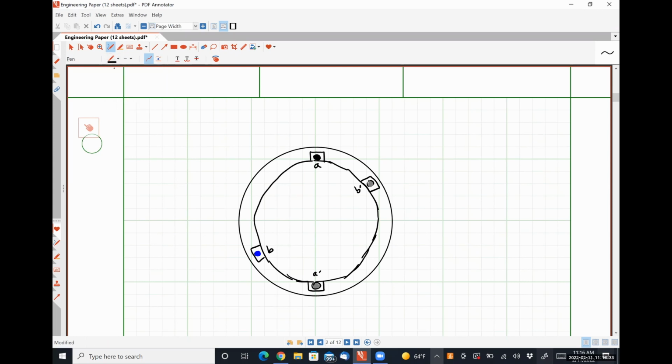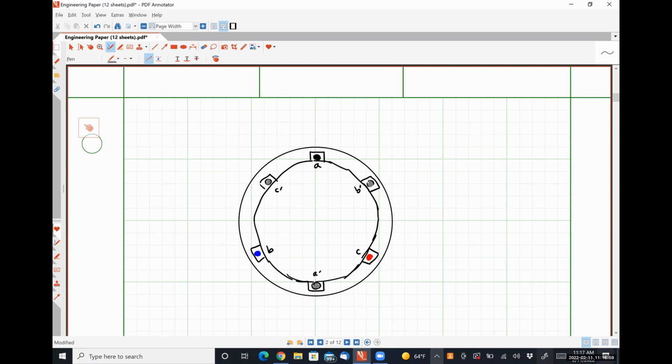And then finally, 120 degrees physically out of phase with B, we're going to have C, which is red. And 180 degrees out of phase with that, we're going to have C prime, which I'm going to color in gray.